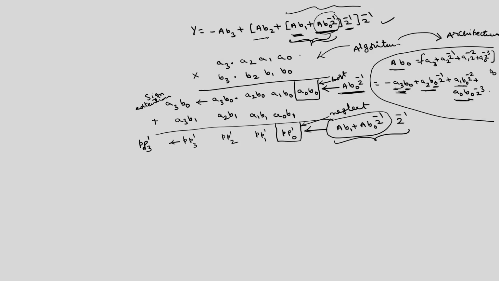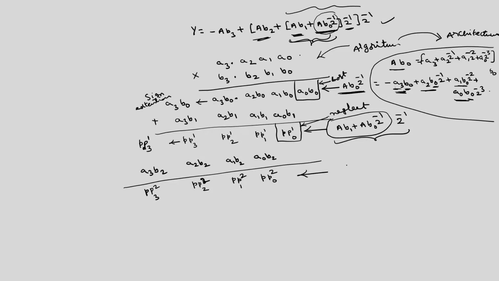Then for that we have to add a b2. So, a b2 is nothing but again a0 b2, a1 b2, a2 b2, a3 b2. If I perform this, I will get another partial product which we will call pp2, the second partial product: 0th bit, first bit, second bit, third bit.